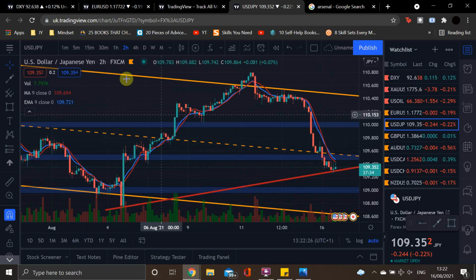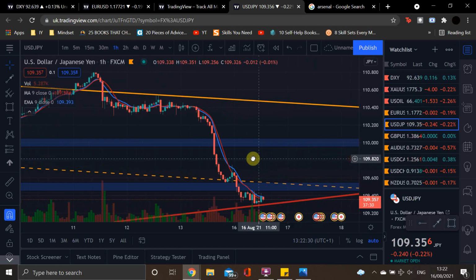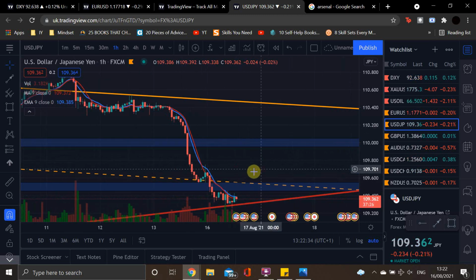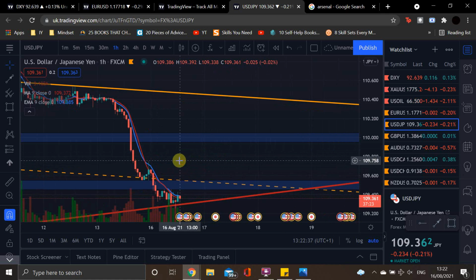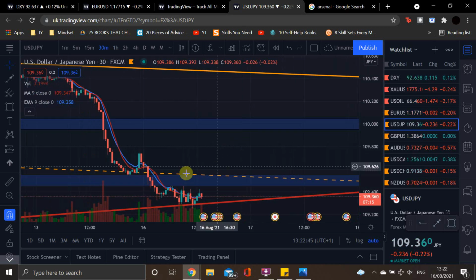One, two. That's consolidation right there at the same time. Yeah, that's consolidation. Trap between two zones here.